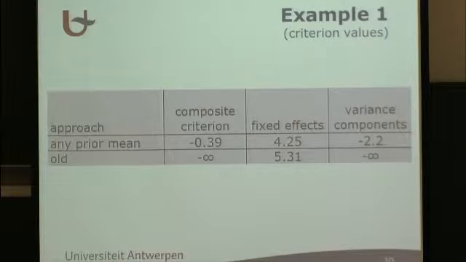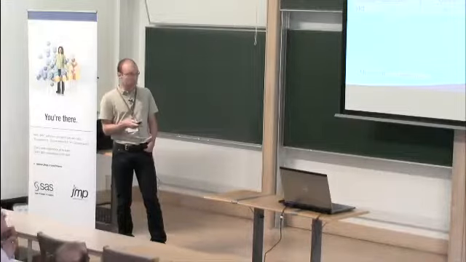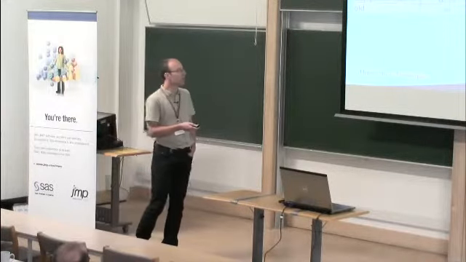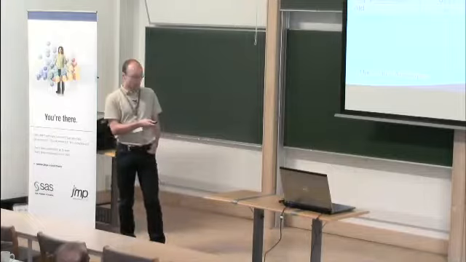But the strength of the new design is that it allows us to estimate the variance components. So we have a non-singular information matrix for the variance components here, as opposed to the old design, which produced a singular information matrix for the variance components.